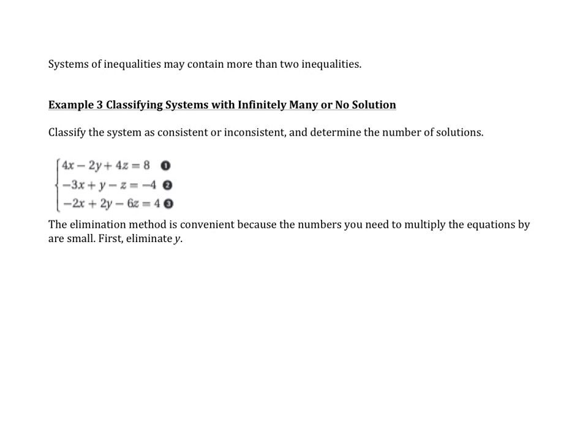So the first thing we're going to do is use the method of elimination, because in multiplying we'll be able to use small numbers. So let's take the first equation and the third equation.